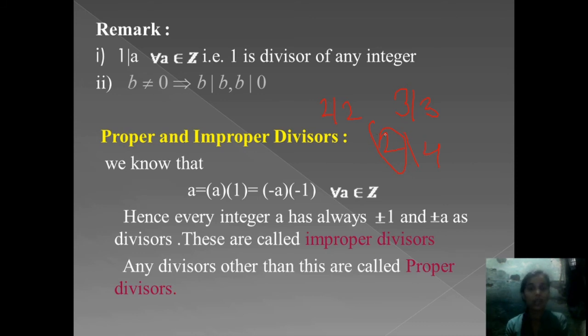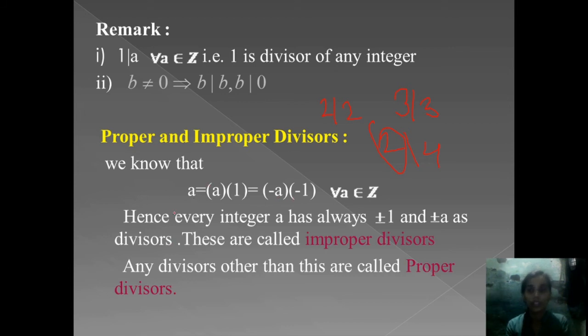So whether 2 is a proper divisor or not, we have a definition here: every number a can be written as the product of a into 1, and as the product of minus a into minus 1 is again a.